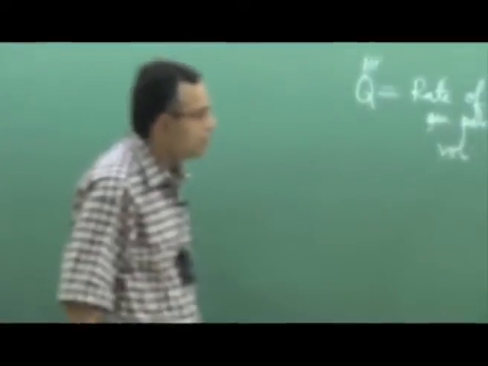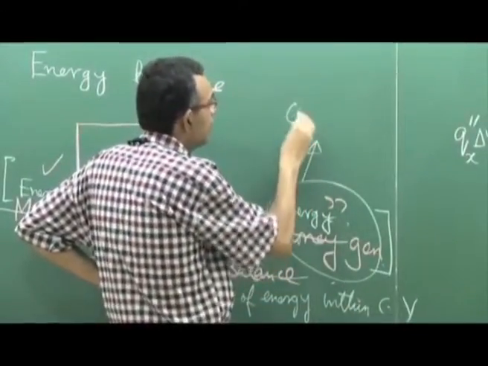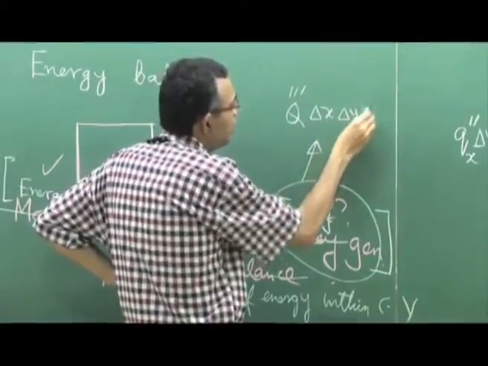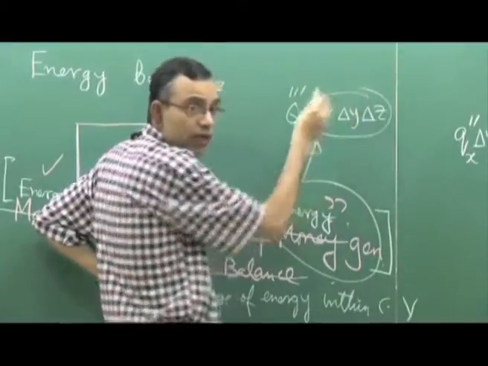So, what is the rate of energy generation, this term? It is simply q triple prime into delta x, delta y, delta z. This is per unit volume, this is the total volume of the control volume.